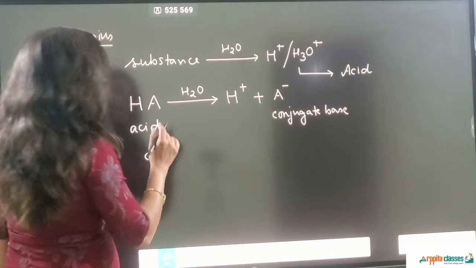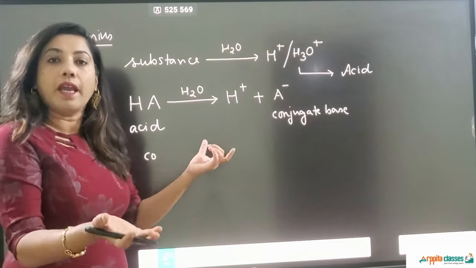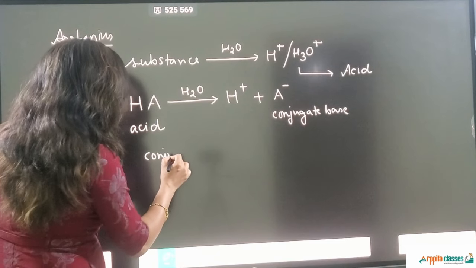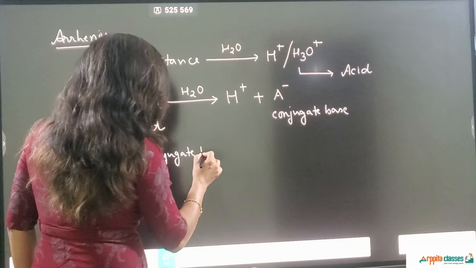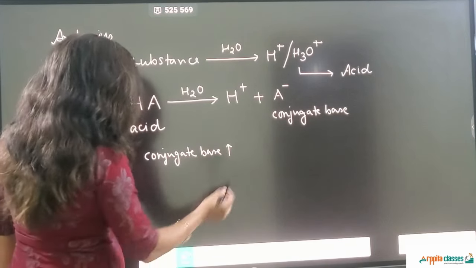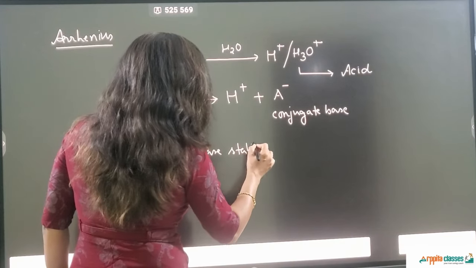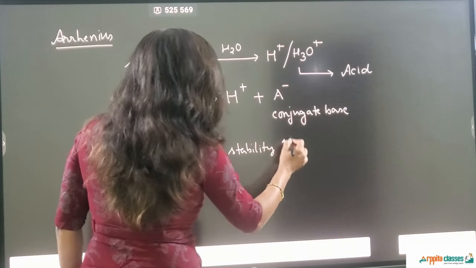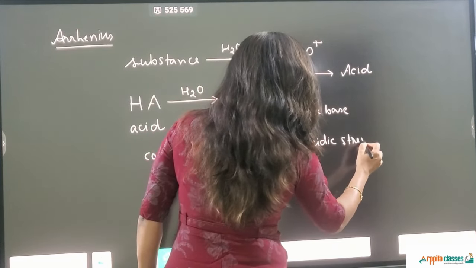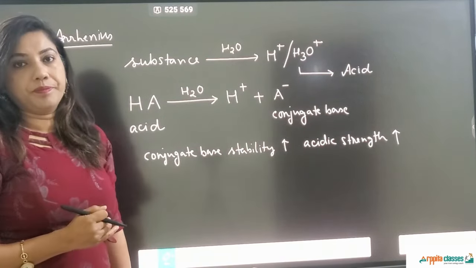Here the strength of an acid doesn't depend on how easily it is leaving H plus ion, but the actual reason is conjugate base stability. I should write: the stability of conjugate base is more, acidic strength is more. This is the actual reason.